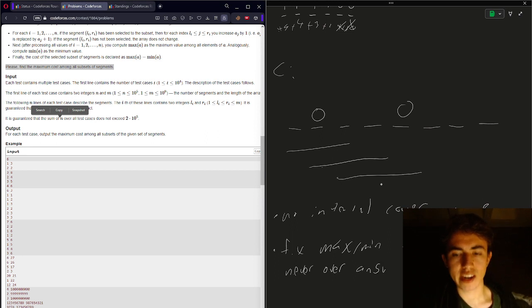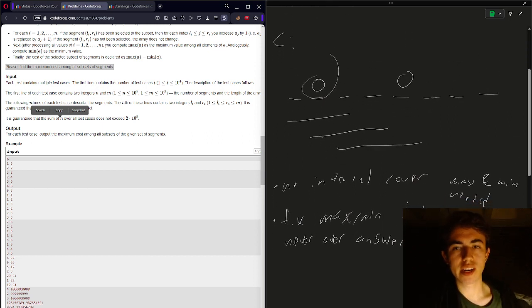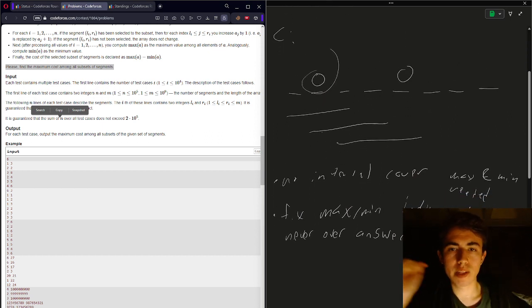So you can imagine an n squared idea: we can just fix what the max and min are, try all combinations, and then try to put as many intervals on the maximum as possible. Let's just imagine we fix the maximum, and see how many intervals we can pick on the maximum and not on the minimum.